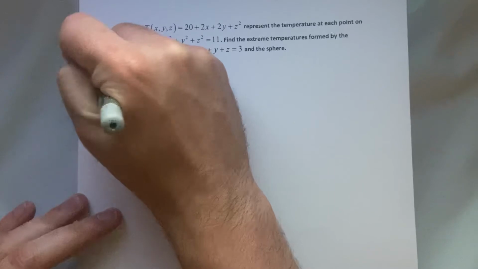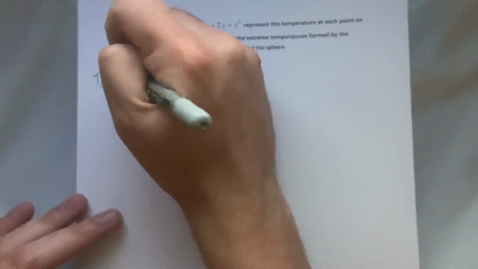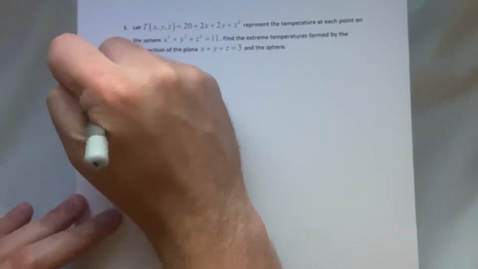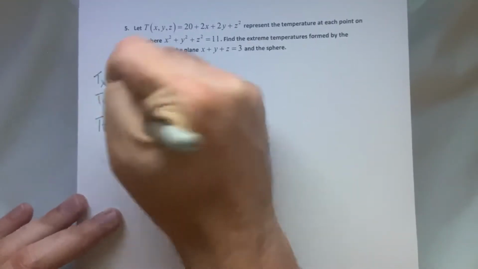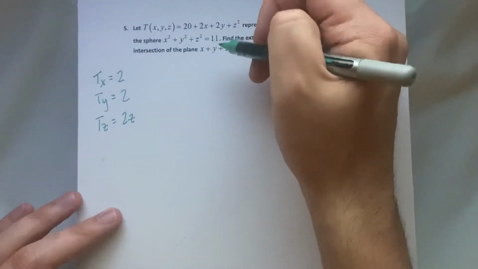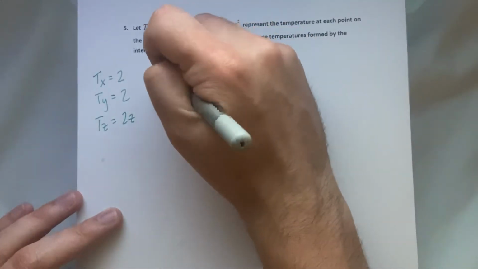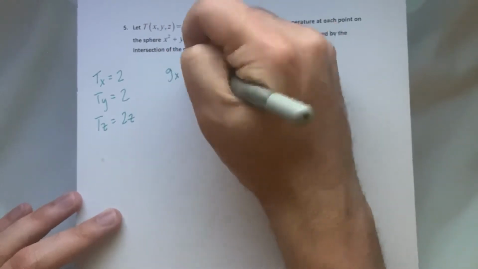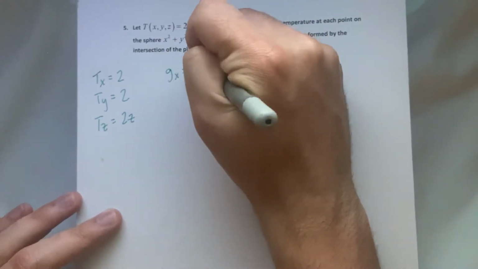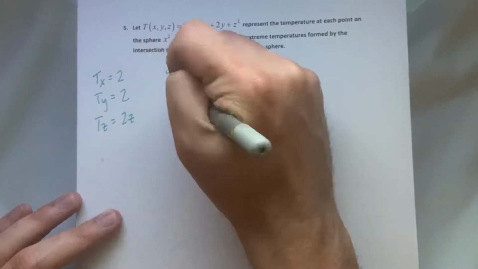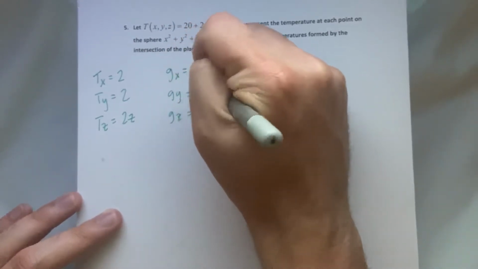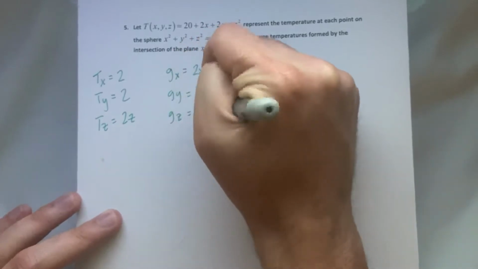But again, we're going to take our derivatives. T sub x is 2. T sub y, y's partial derivative, is also 2. T sub z is 2z. Let's take our partials. g sub x is 2x, and again it has to be multiplied by lambda. g sub y and g sub z are the exact same: 2y times lambda and 2z times lambda.